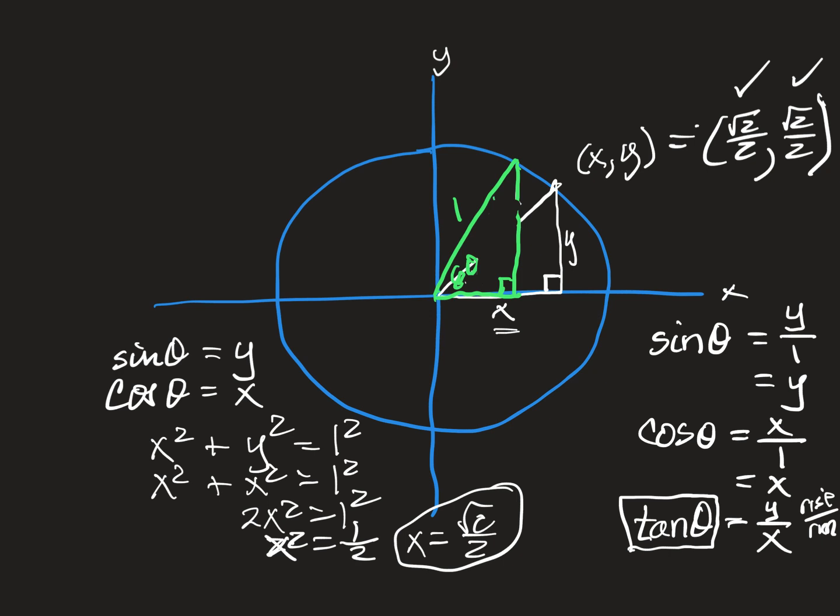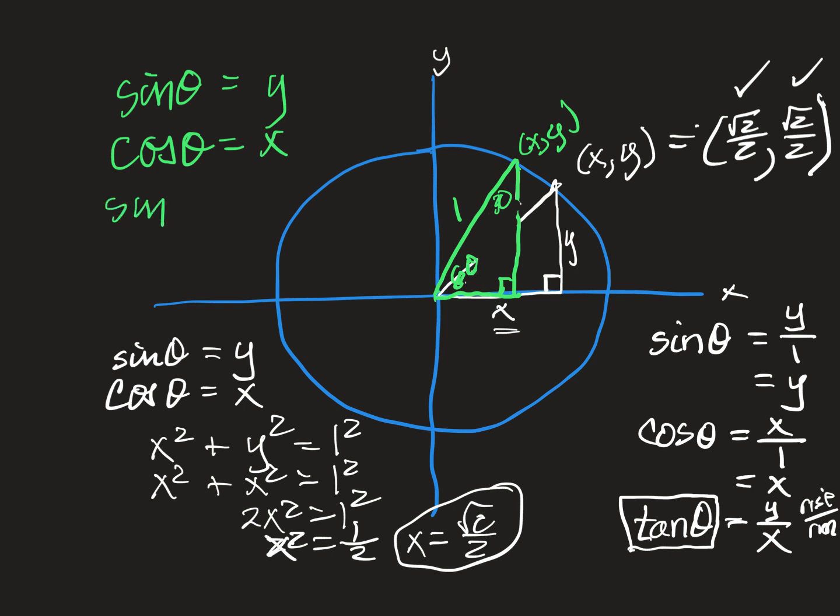But this would then be a 60, 30, 90. So what are its x, y coordinates? Well, the sine of theta will be the y value. The cosine of theta will be the x value. So the sine of 60 degrees is our y value, and that would then be the square root of 3 over 2.